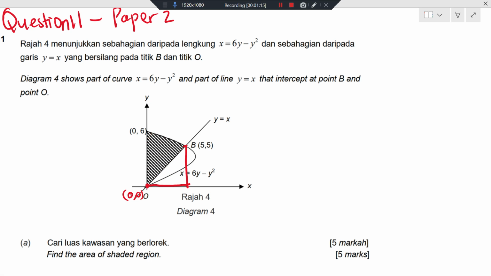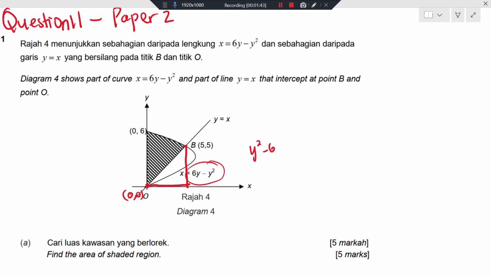But the problem is the curve. Our curve is x equals 6y minus y square. If we use the x-axis, when you're using dx, you need to give the answer in y terms. This is very hard to get your y terms.